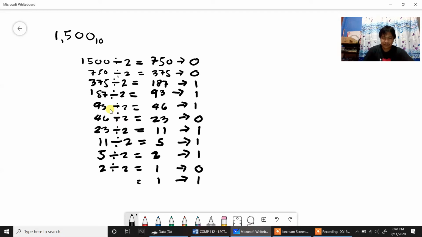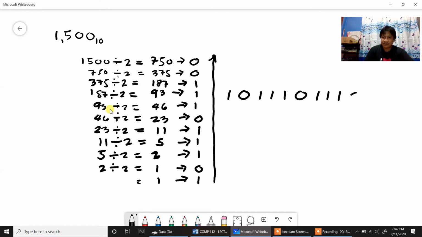Now, all you need to do is to read the binary from bottom up to the top. Okay? Now, the answer here is 1, 0, 1, 1, 1, then 0, then 1, 1, 1, then 0, then 0. So that's the binary that we have so far.